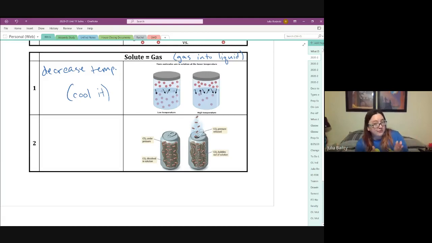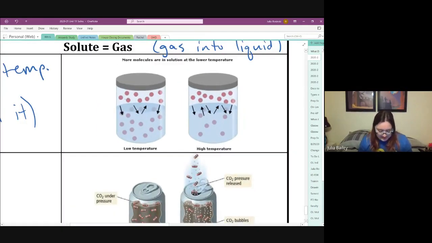But the room is colder because the carbon dioxide dissolves better at a cold temperature. And the reason for that is because at a low temperature, the gas is moving slower. So it's able to go into the soda and stay there, versus at a higher temperature, we know that gases are moving a lot more. And that means that it's easier for them to escape if they're moving a lot faster.